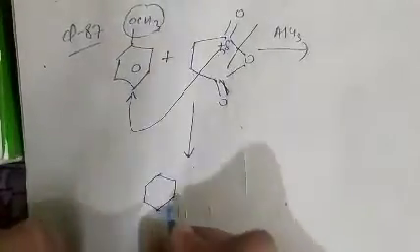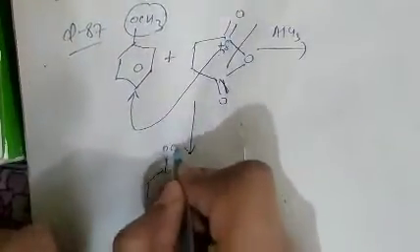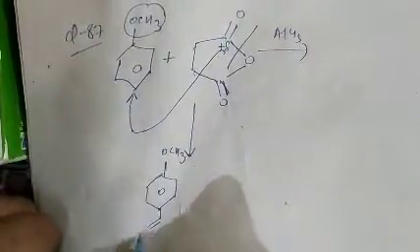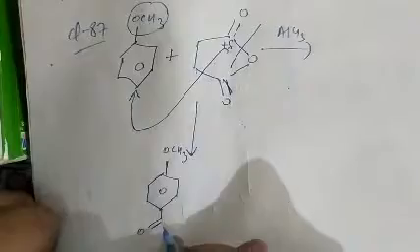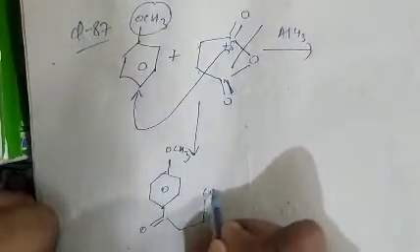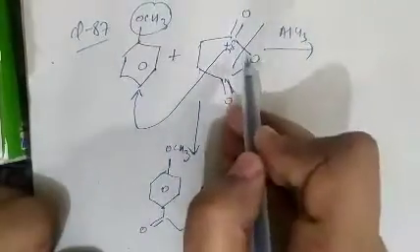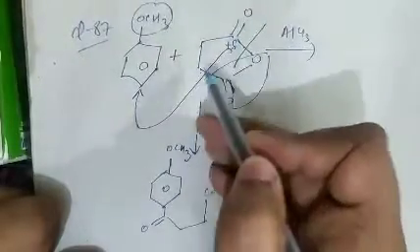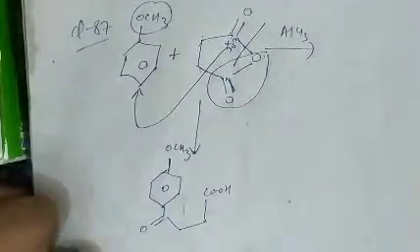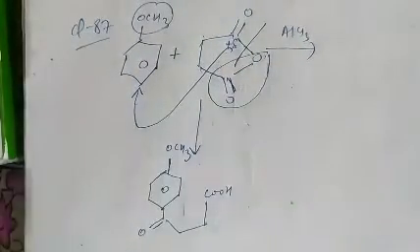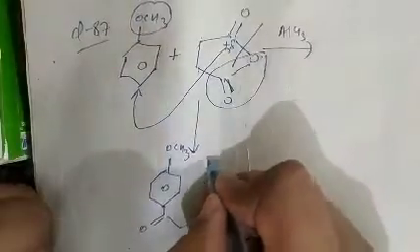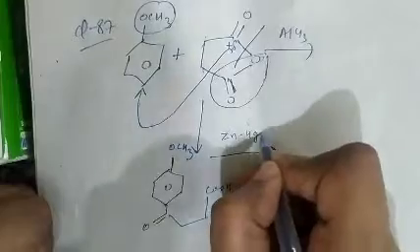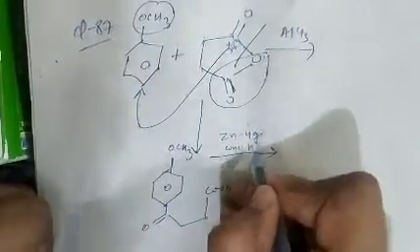So now the product formed is like this. This is OCH3 as it is, and on the para position the attached group is C double bond O, then CH2, then CH2, and then COOH. Now, as we know, Clemmensen reduction means we add zinc amalgam and concentrated HCl.